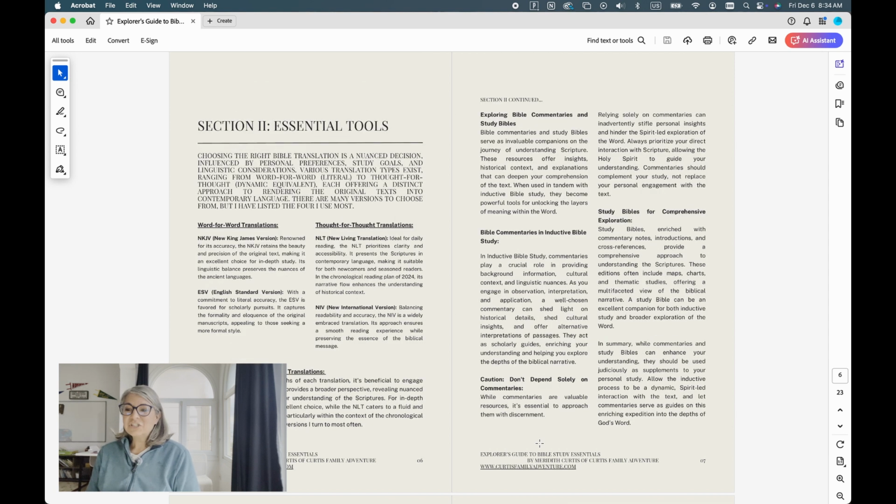In section two, I go into essential tools. We're going to talk about different English translations, word for word translations versus thought for thought translations, and how both are really powerful to read, and talk about commentaries, when and how to use commentaries.